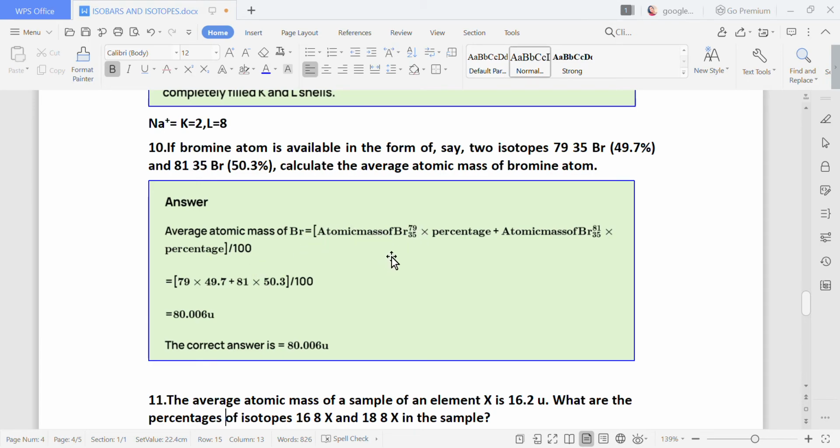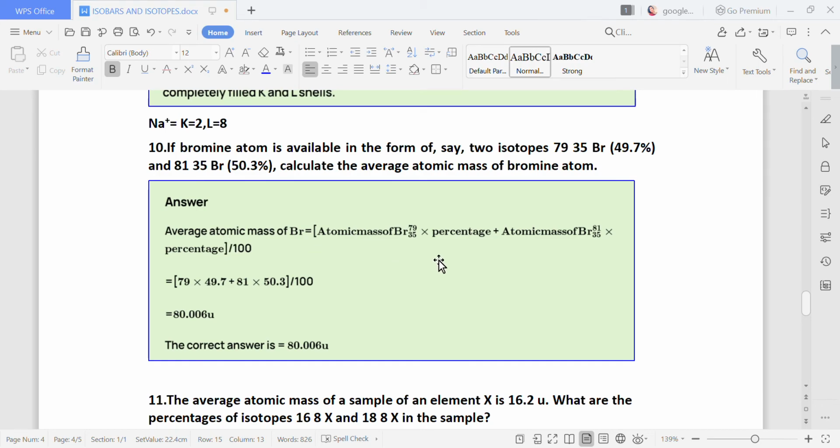Children, if there was a third isotope, then we would have written here plus atomic mass of the third isotope into its percentage. So if there are more than two isotopes, we can also calculate the average atomic mass of those isotopes. This is the basic formula.